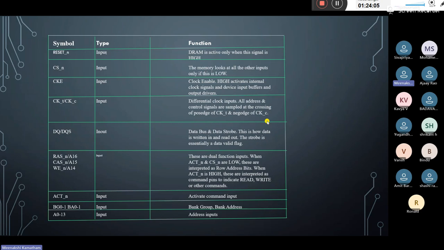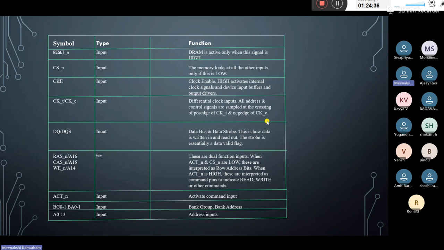Then coming to the CSN, this is the chip select, for a particular DRAM, which chip we need to select. After that, CKE is the clock enable signal, and based on the clock everything should occur.